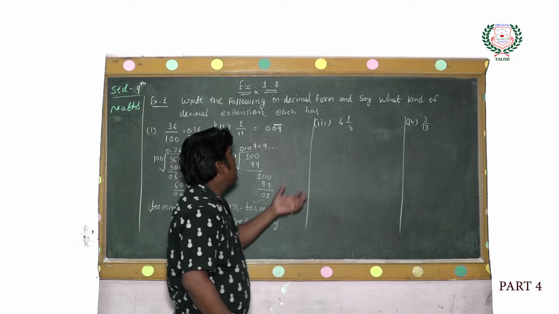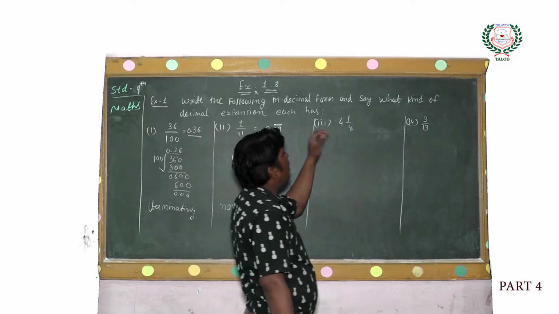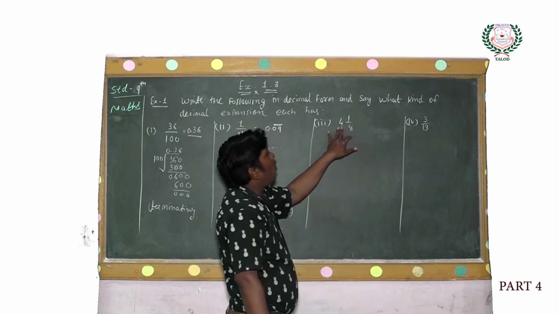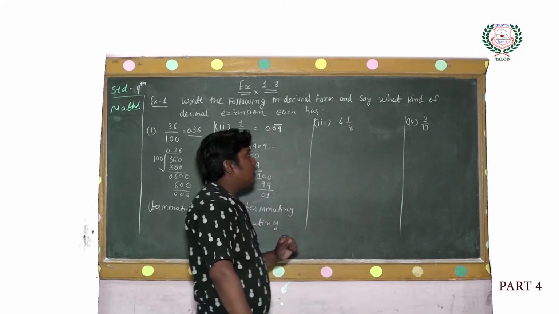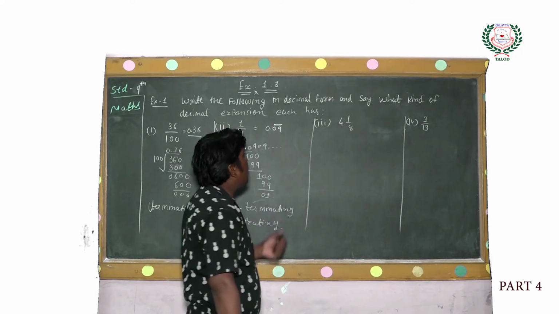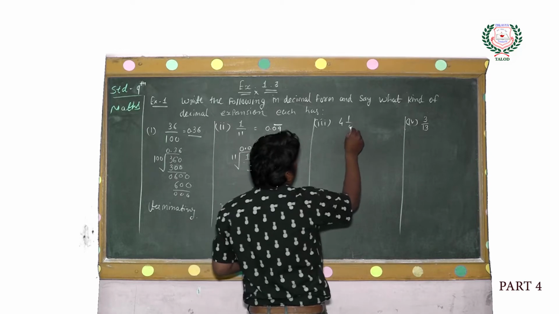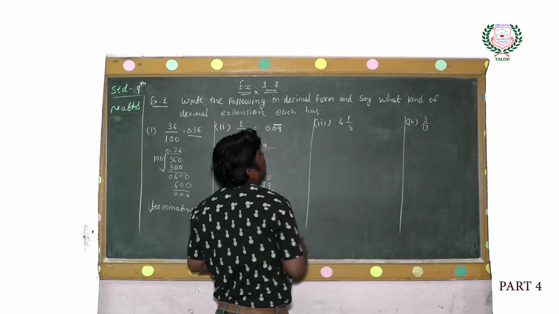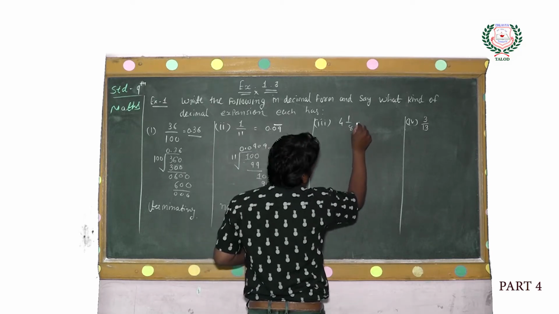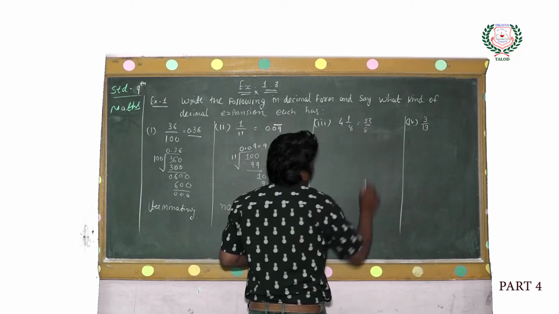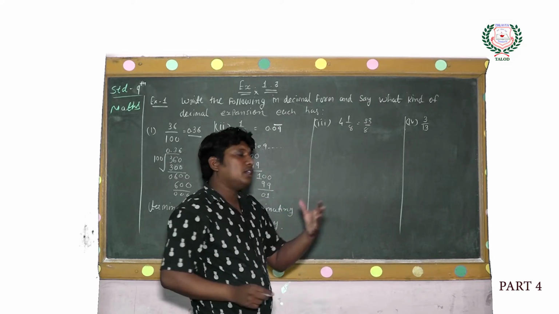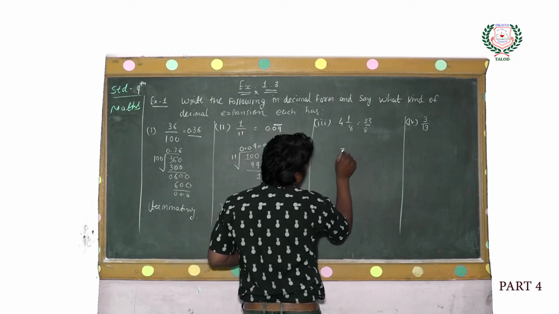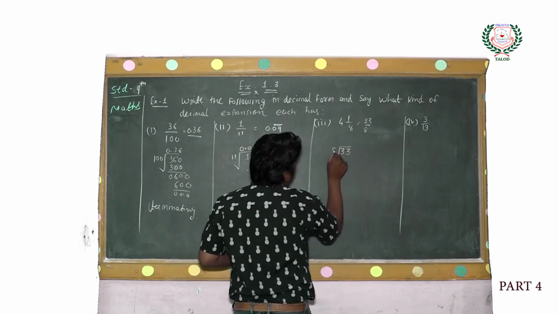It is a kind of mixed fraction, like 4 and 1 upon 8. So first you have to convert it into an improper fraction. So 8 fours are 32 and add 1, so 33. So we get 33 by 8.